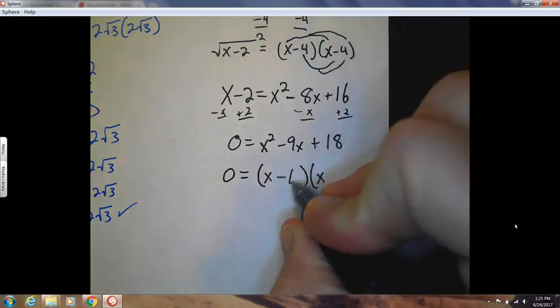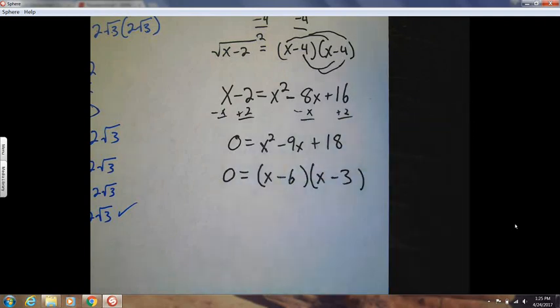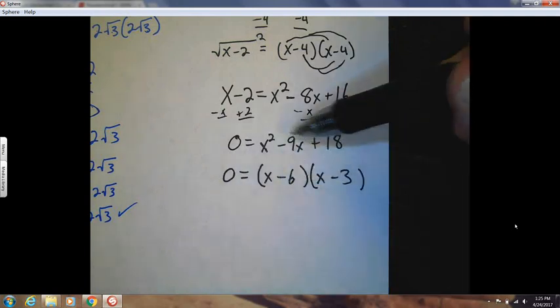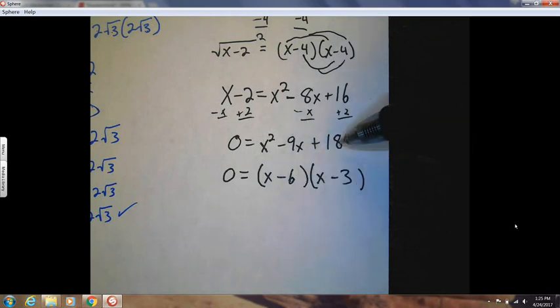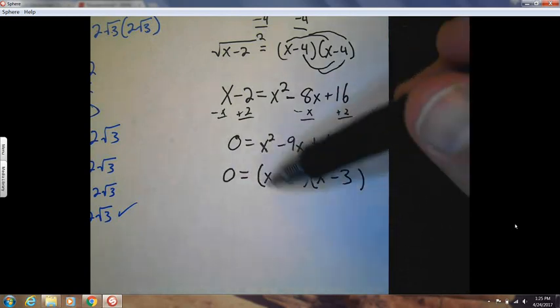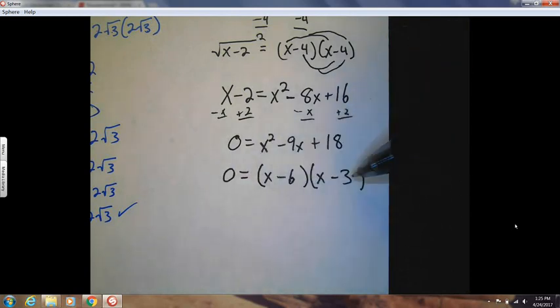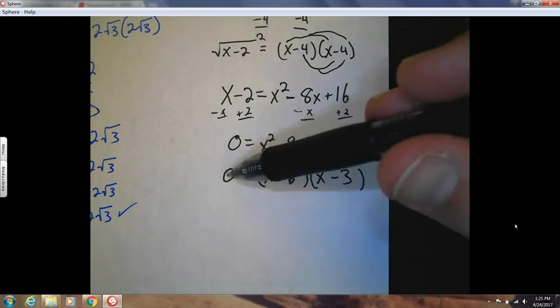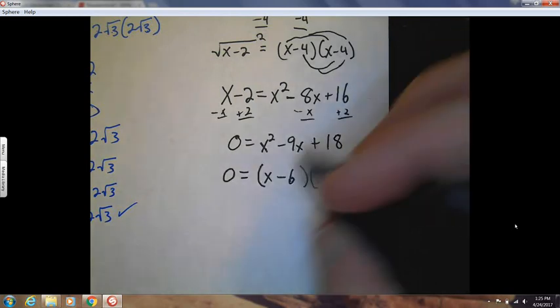Now I still haven't solved it because I need something to equal 0. So I'm multiplying two factors here, this parenthesis and this parenthesis. The answer is 0, so one of these has to be 0. So x is either 6 or 3. Now you need to check your answer.